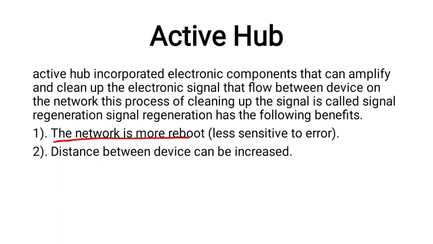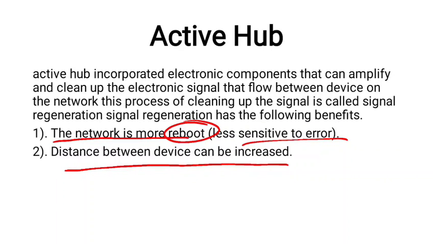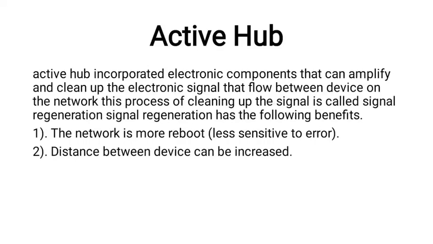The network is more robust, less sensitive to errors, and the distance between devices can be increased. When we use an active hub, we are able to increase the distance of the devices directly connecting to our hub. So this hub provides us long distance connectivity, and with its help we are able to connect long distance devices.